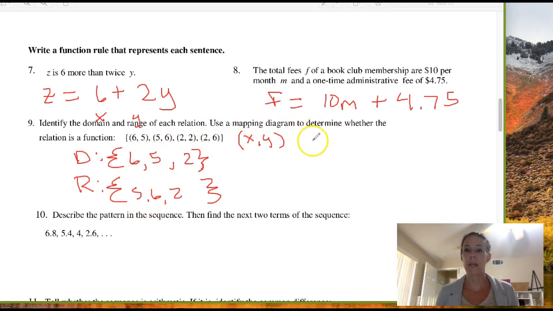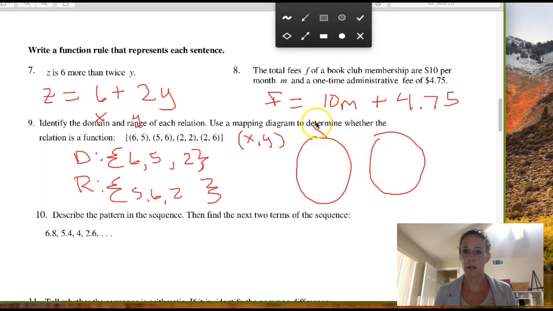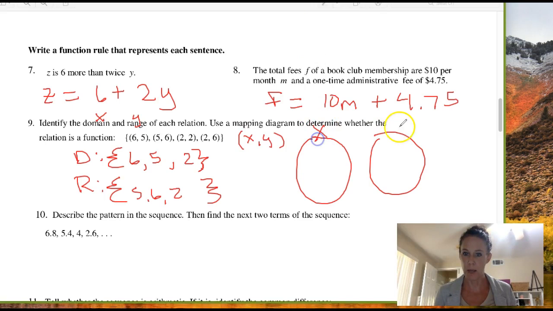Now use a mapping diagram. A mapping diagram looks like this, two ovals, okay? Your X and your Y. I'm going to put all my X values here, and I usually like to put them in order, 2 first, then 5, then 6. It doesn't matter if you don't do it in order.